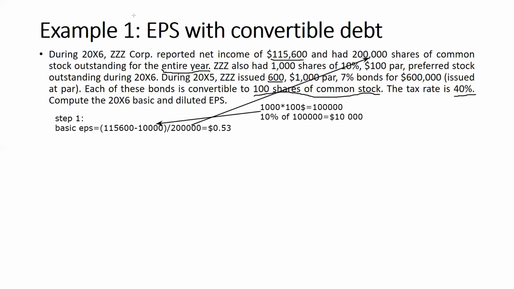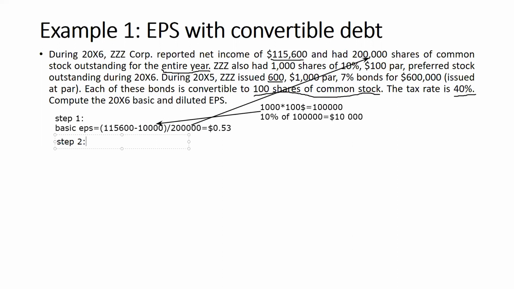Now, this is step one. We calculated the basic EPS. There's a second step we should go through to calculate the diluted one. In the diluted one, first of all, we need to compute the increase in common stock outstanding.